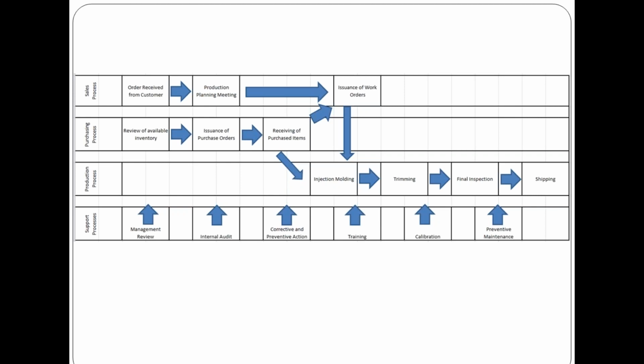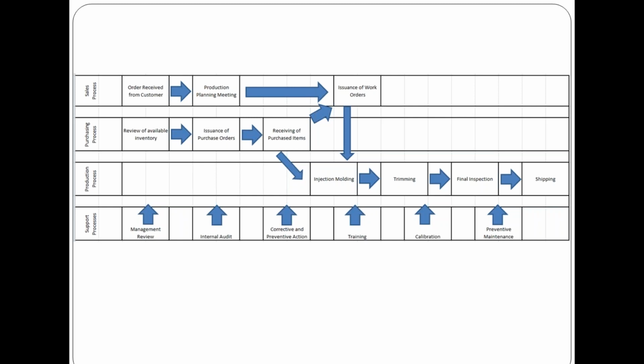This particular approach is typically referred to as the Swimlane Model. In this instance, we have 4 named processes: sales, purchasing, production, and support. And the idea here is that sales and purchasing begin independently of each other. Sales has order receipts, and purchasing is in the process of reviewing inventory.